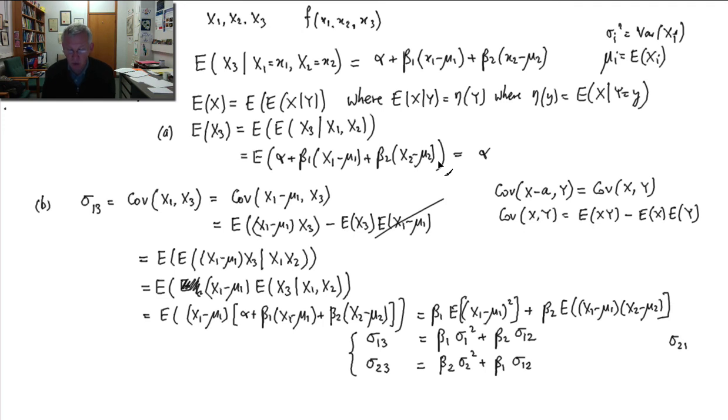That's really important. The other important step was to realise that because we're conditioning on x1 and x2 here, x1 is fixed, so this term can come outside of the inner expectation, and that enabled us to evaluate that. That's really the guts of question 1.